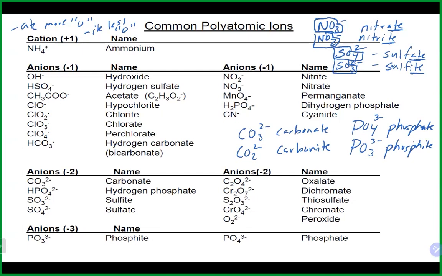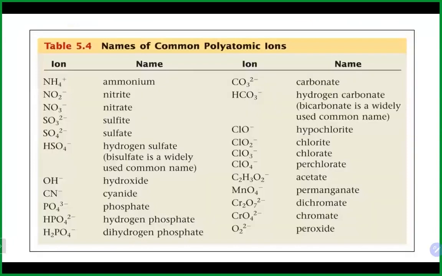There's also groups of 4 that are related to each other. Another table, in case you missed it. This group of 4 is related to each other: ClO4 minus, ClO3 minus, ClO2 minus, ClO minus.